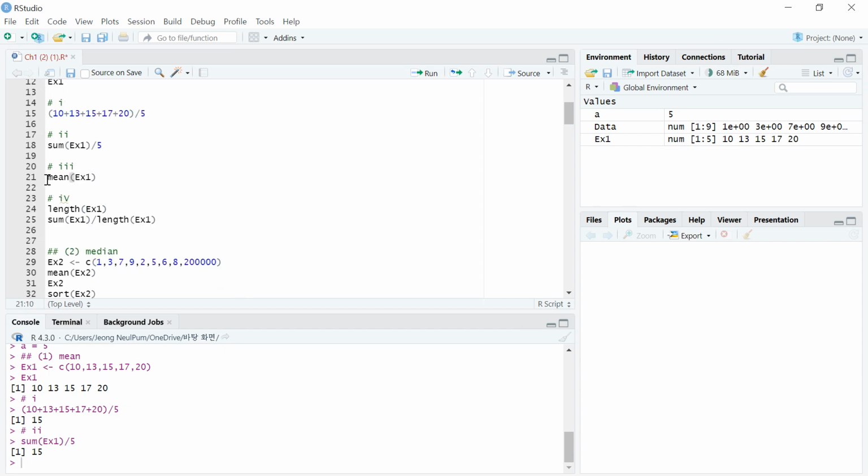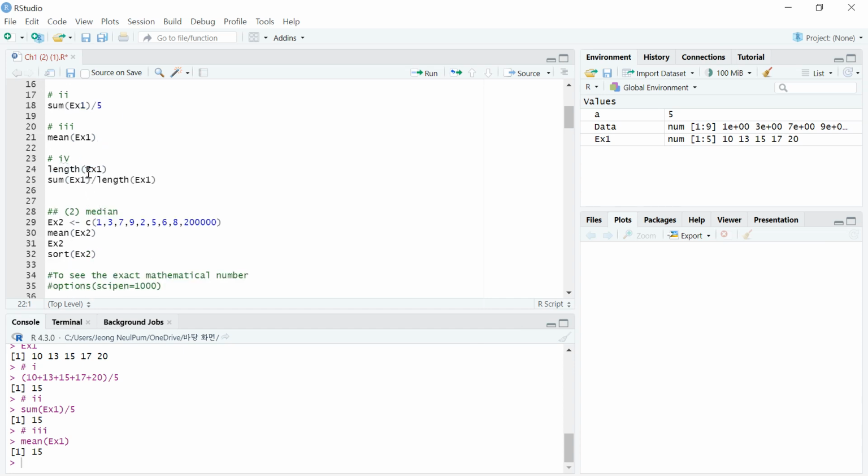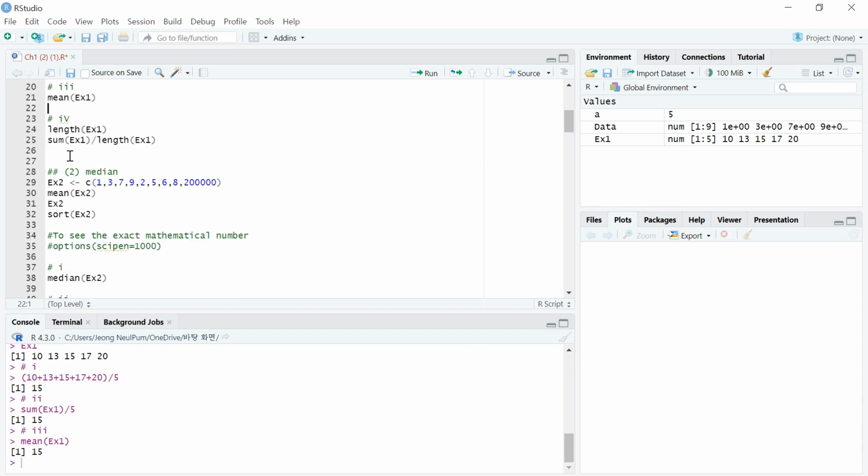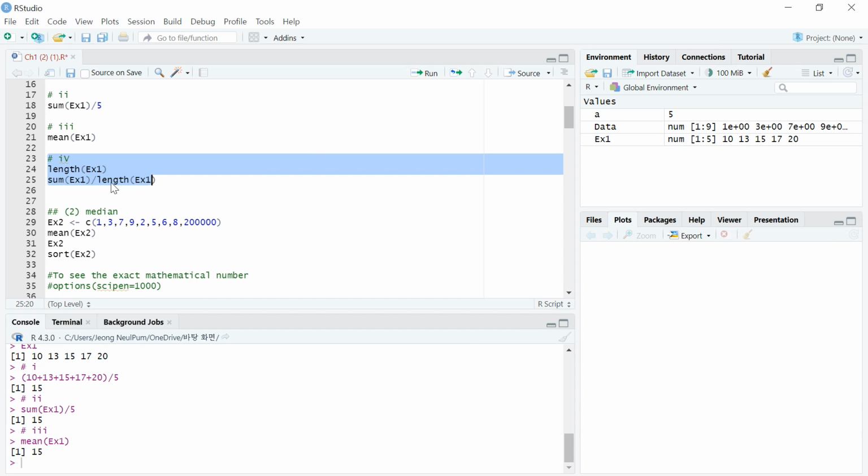And there is even the mean function in R programming, which gives us the mean value of our data. If we put our vector here in the mean function, we can get the mean value directly, which is very easy. And we can also get the mean value by dividing our summation value by the length of our data.